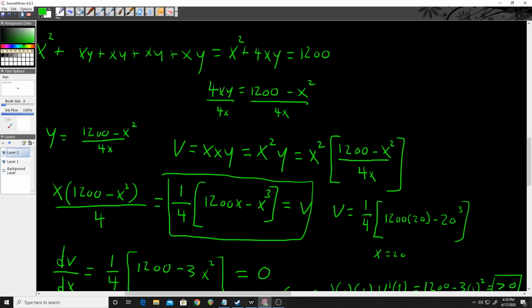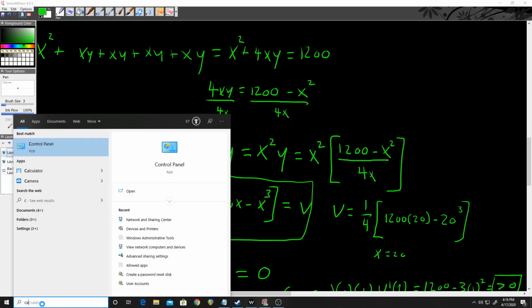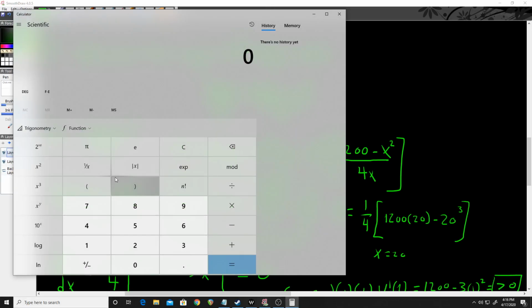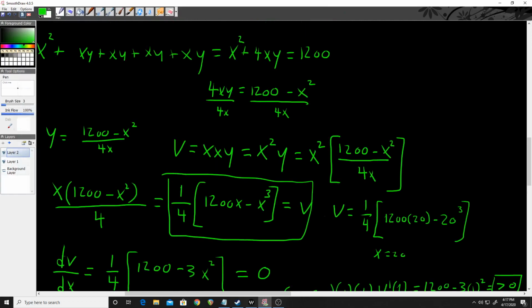Oh boy, 20 cubed. 8,000. Yeah. 24,000 minus 8,000, 16,000. So yeah, 16,000.